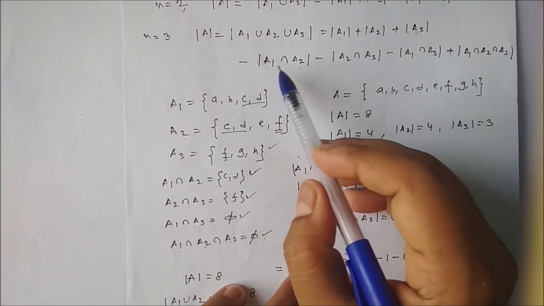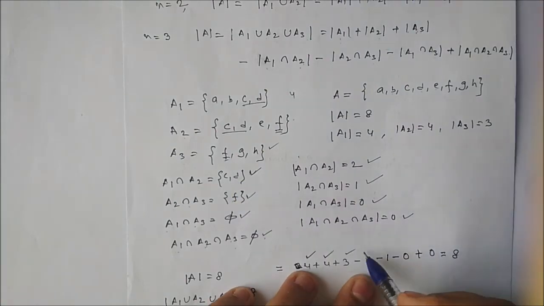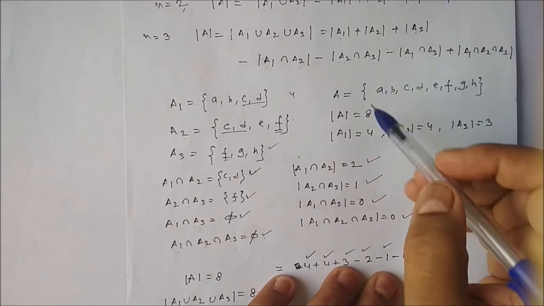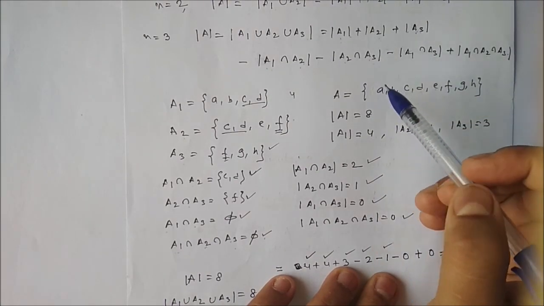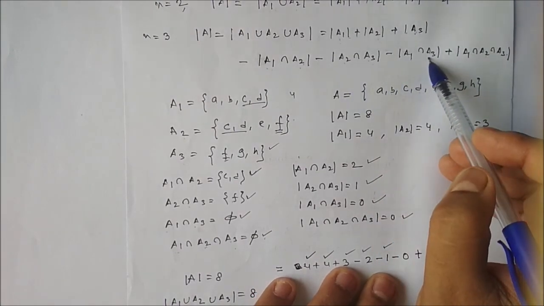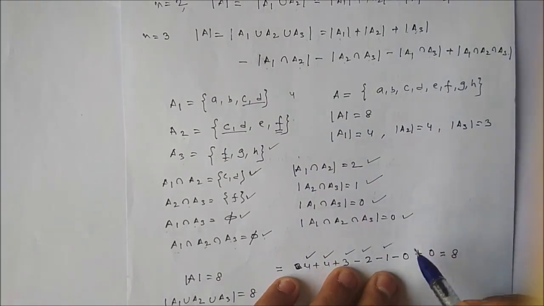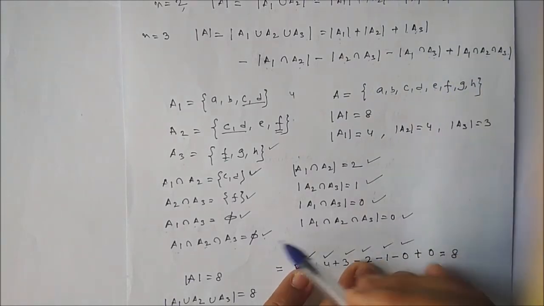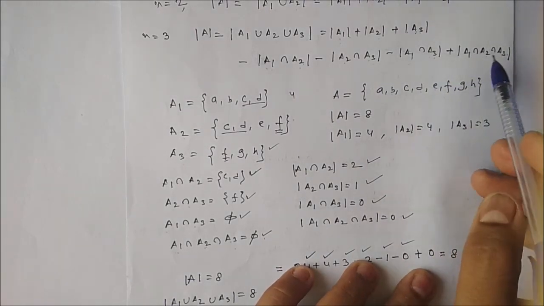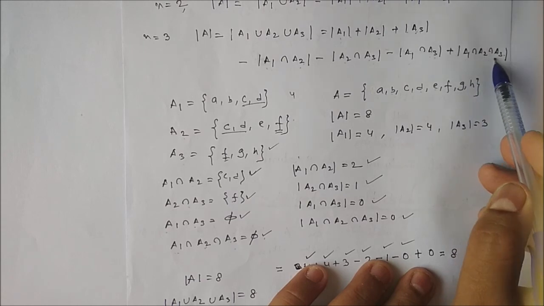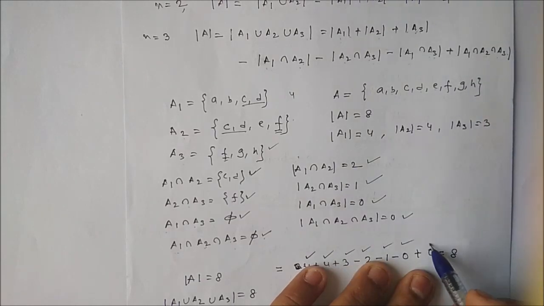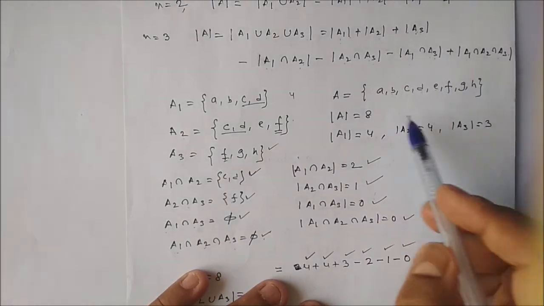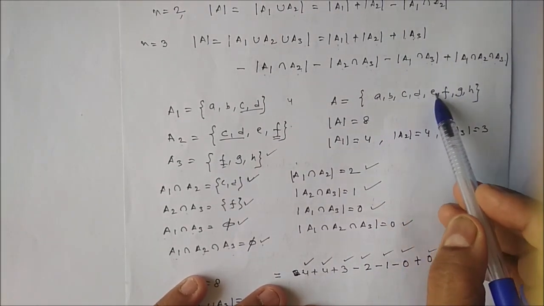Elements in A1 intersect A2 is 2, in A2 intersect A3 is 1, and in A1 intersect A3 is 0. Plus the elements in A1 intersect A2 intersect A3, that is 0. So the total value is 8. How many elements are there in this set? It is 1, 2, 3, 4, 5, 6, 7, 8.